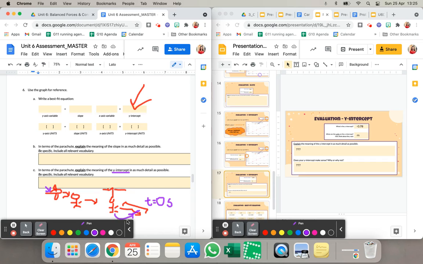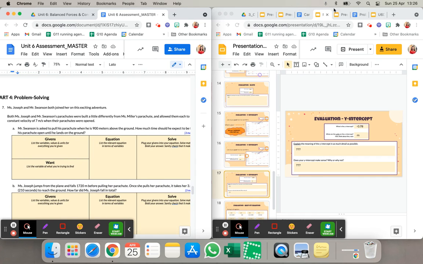It's the person's displacement since the parachute was opened at time equals 0. Some people wanted to write about how this situation didn't make sense because they were thinking about the car lab and this question here. We didn't take off for that, but in this case, the situation did make sense. It did make sense to have a y-intercept value because that's where we started recording data. All right, question 6.